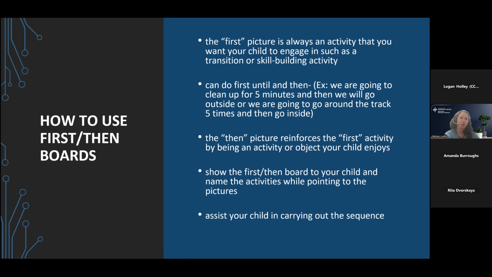The then picture reinforces the first activity by being an activity or object that your child enjoys. So show the first-then board to your child and name the activities while pointing to the picture. Then assist your child in carrying out the sequence.